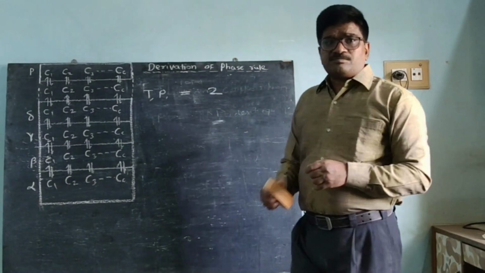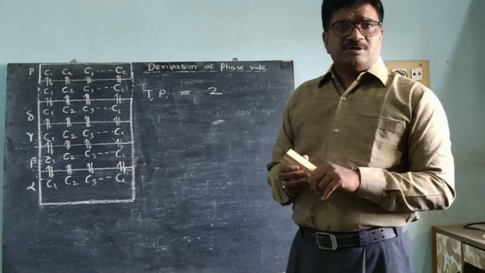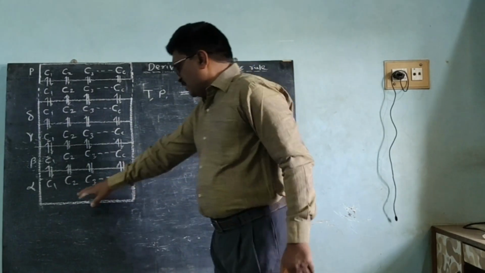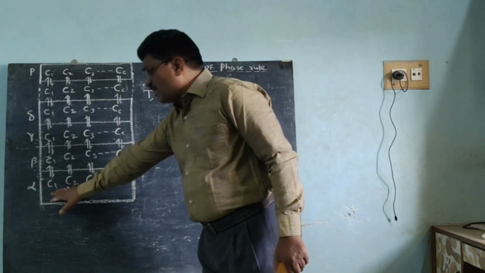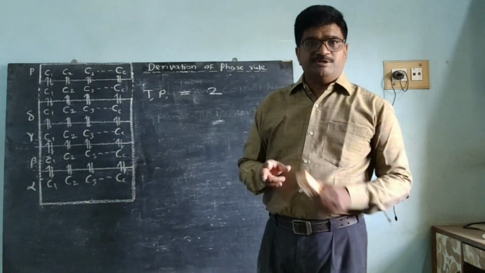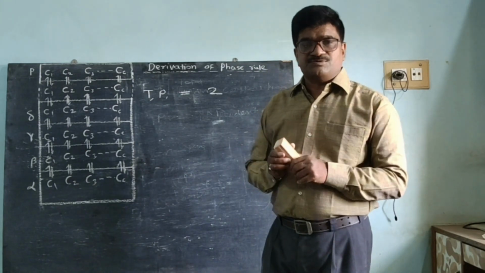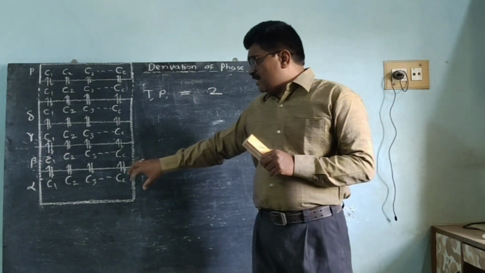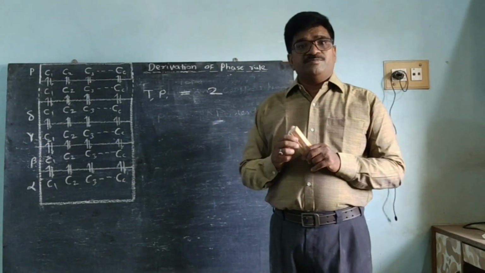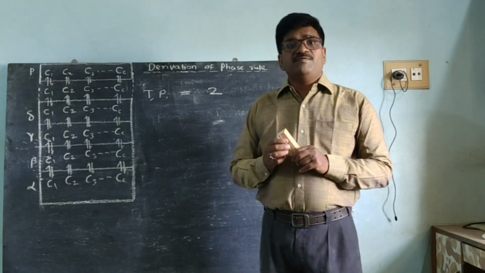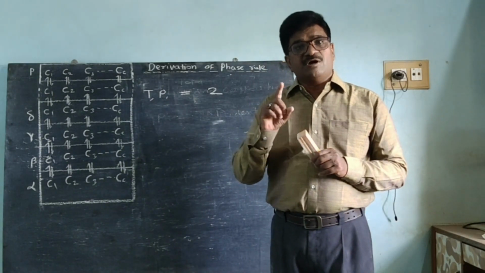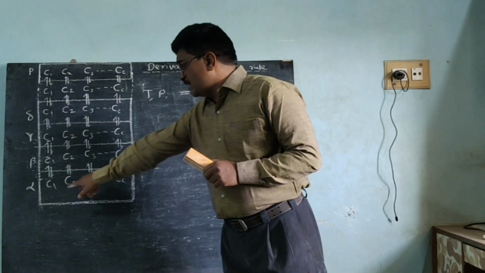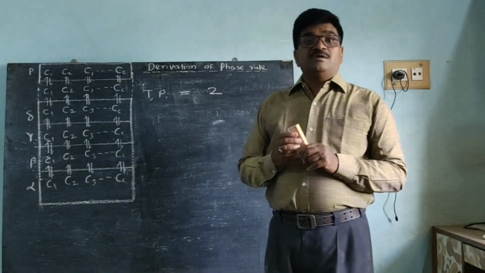Friends, now there is a question of composition. Let us consider that in the alpha phase there are only two components, C1 and C2. In order to express the concentration of the components, we will have to know the concentration of one component. For example, suppose C1 is 10%.